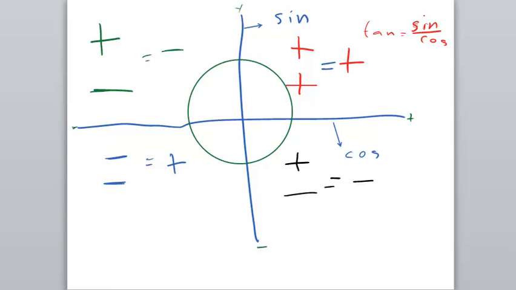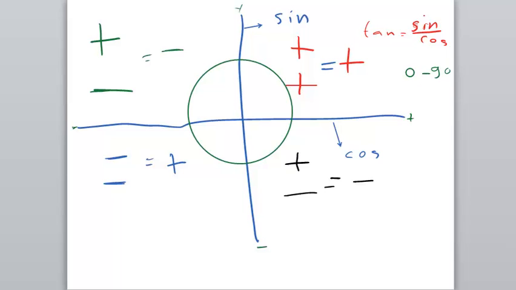And then what can we do more? Okay, we must remember that circles are 360 degrees. You should know it since grade 2 or grade 3. From here to here, this is 90 degrees, right? So this is 0 to 90 degrees.